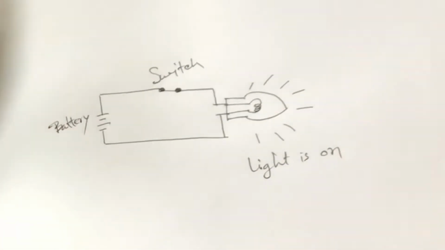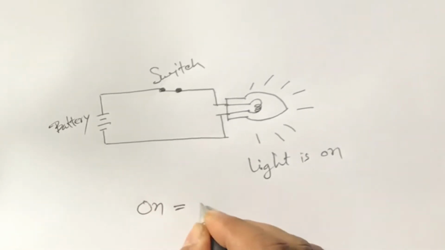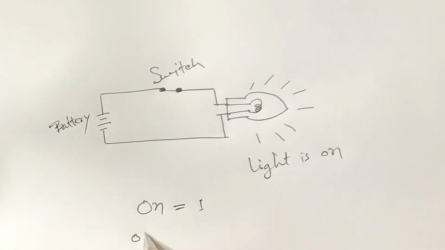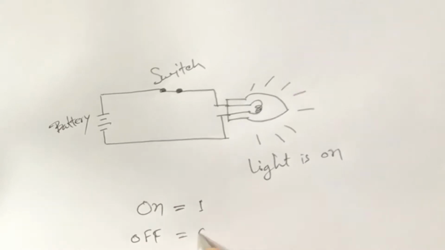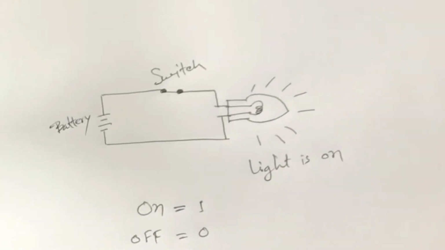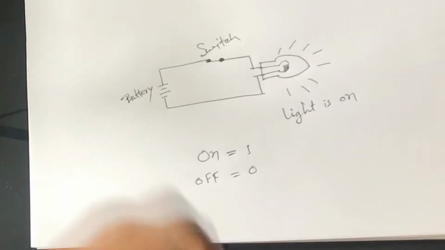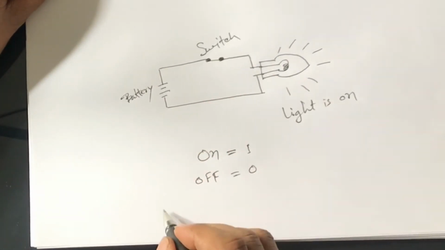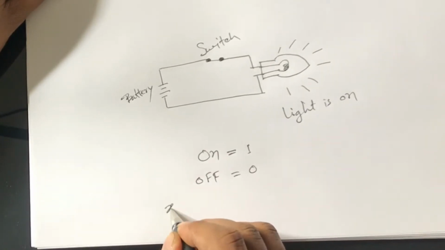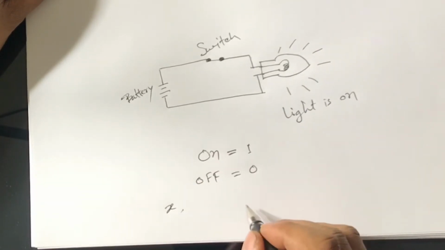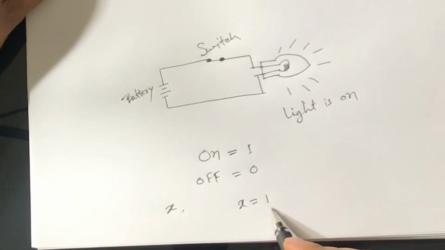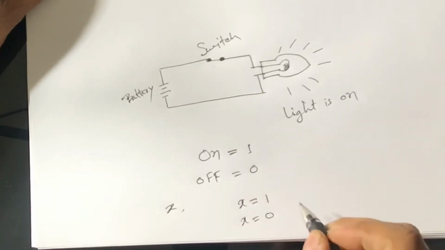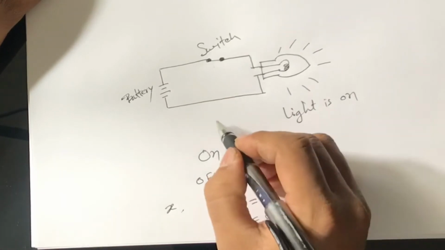Let us say on equal to 1 and off equal to 0. And we denote the state of the switch with a variable x. When x equal to 1, that means the switch is closed. When x equal to 0, that means the switch is open.